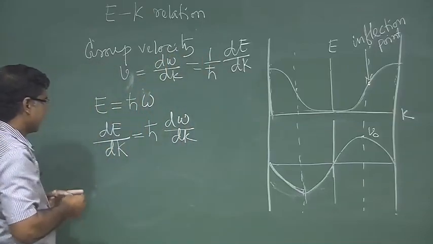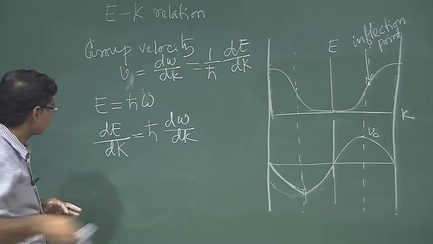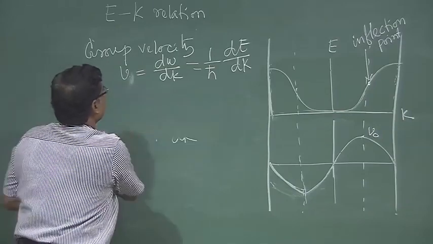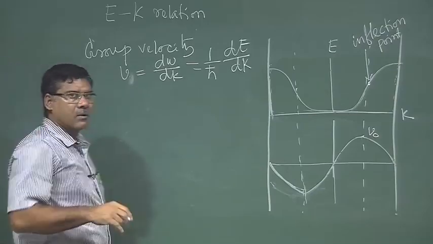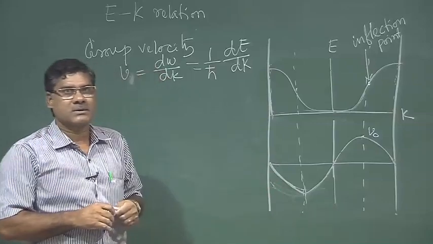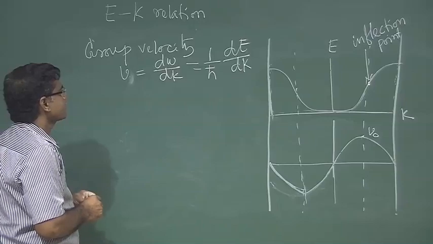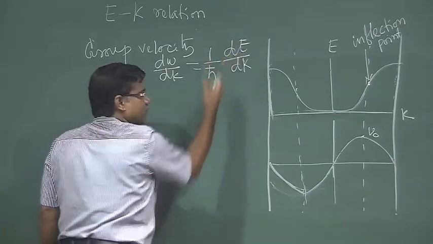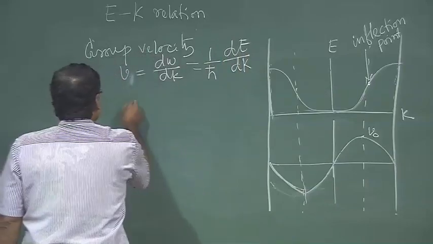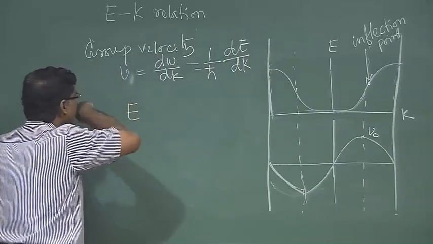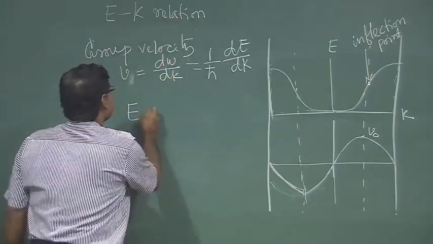Now, if you just consider the free electron, not in a band, we have to know the energy of this free electron as a function of k. If you know that, then you can find out the velocity.